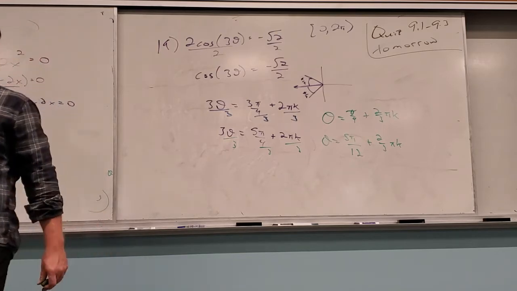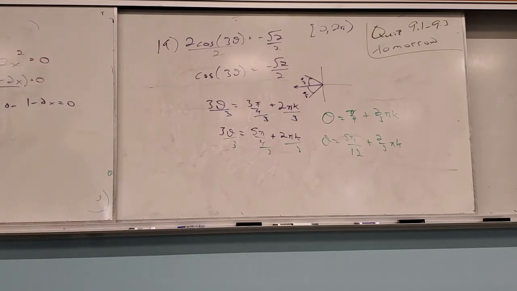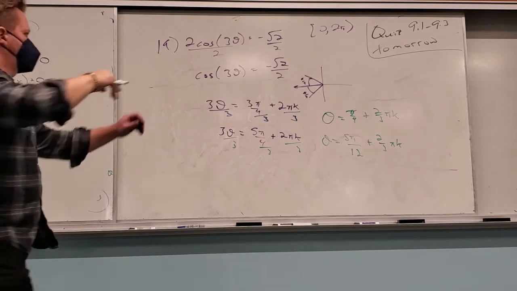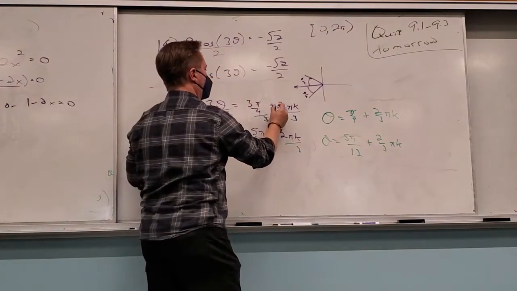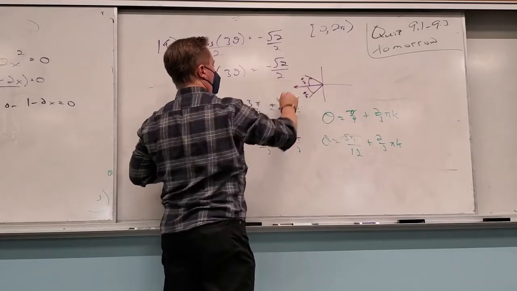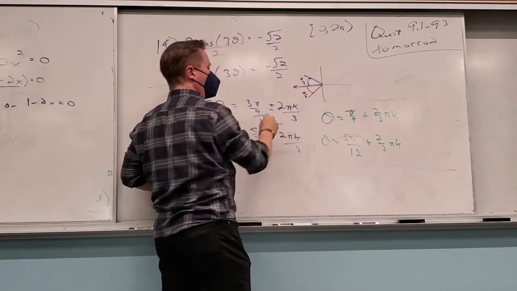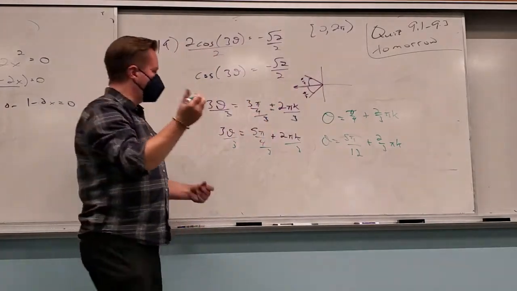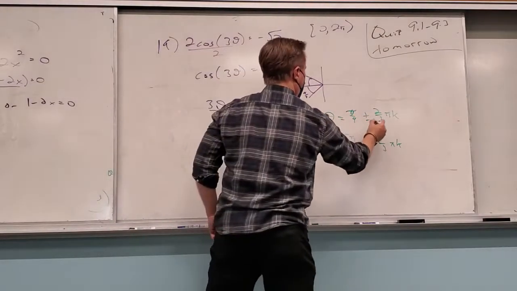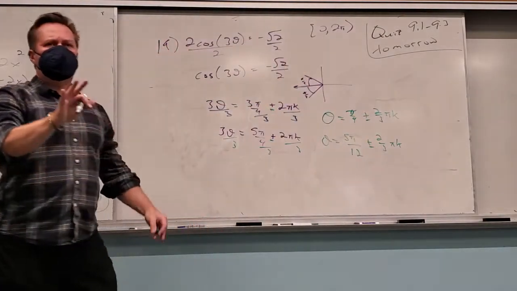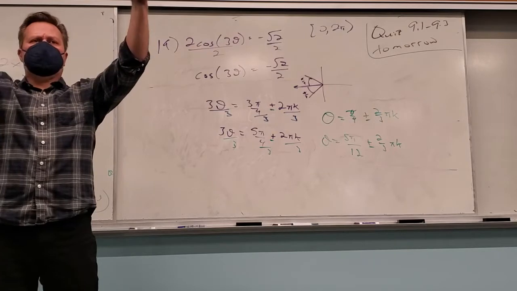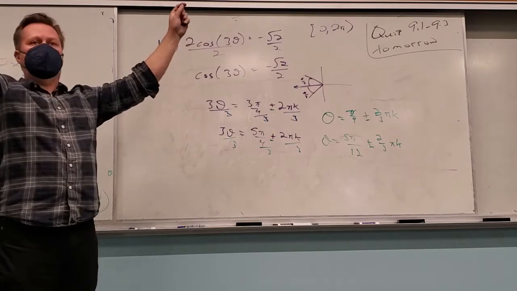You know how it's plus and minus in the other one? Oh yeah, I'm glad you said. I'm not doing minus because I have to live within 0 to 2 pi, right? So if I go backwards, I start getting negative angles. You can put those there, but it's not really going to help us. So again, all my answers have to be between 0 and 2 pi, correct? Right.